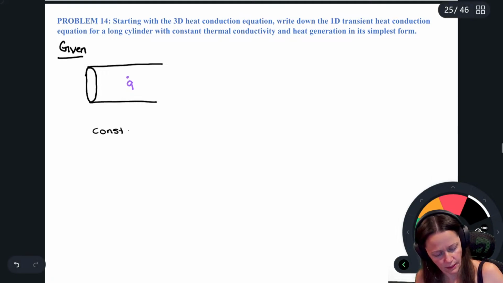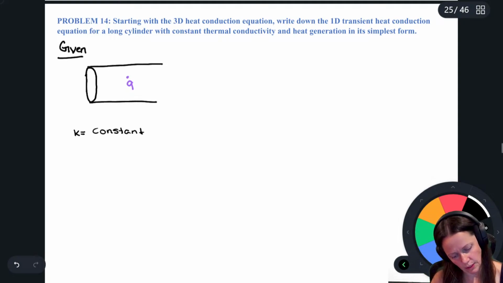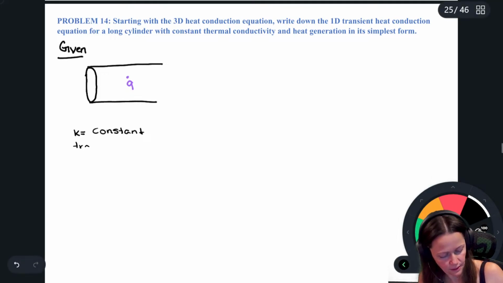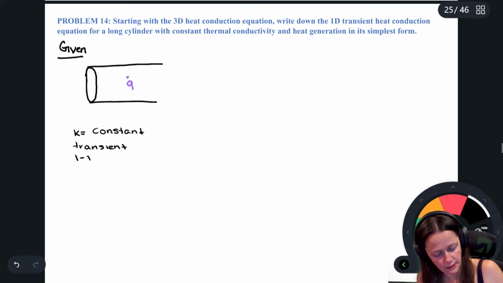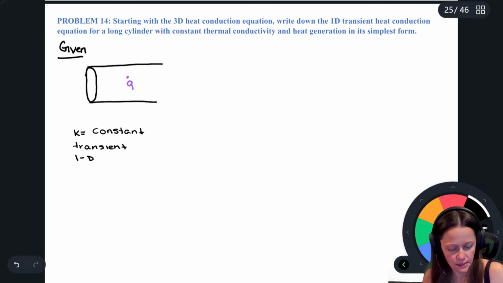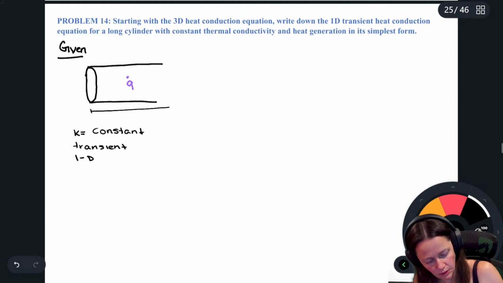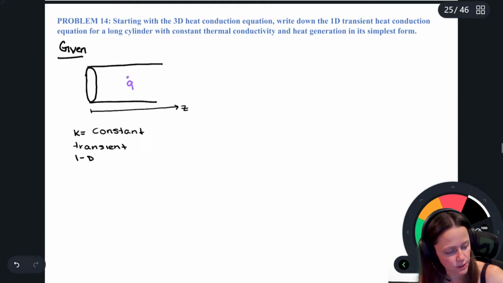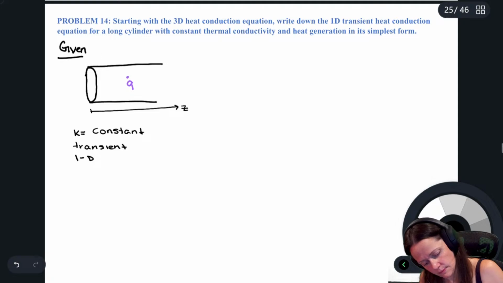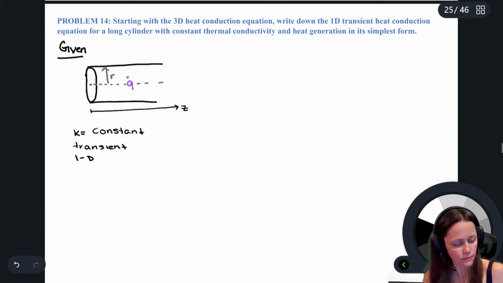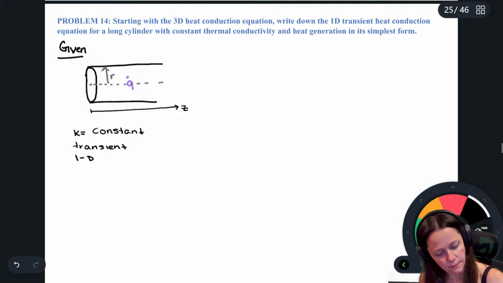They do tell me that k is a constant, constant thermal conductivity, transient. They do tell us it's one-dimensional. And as far as what dimension we're talking about, if this is the z direction, this is the radial direction.